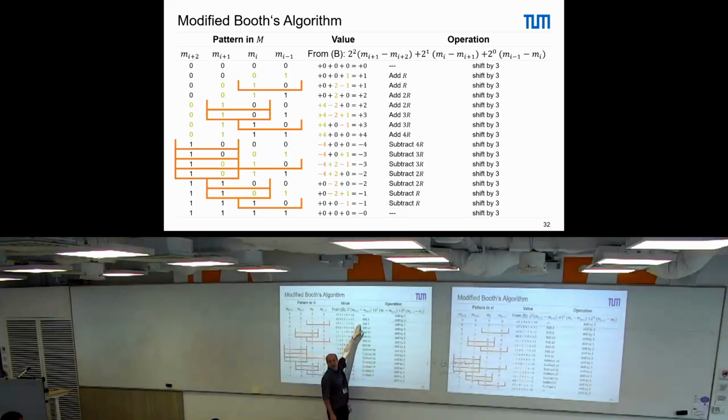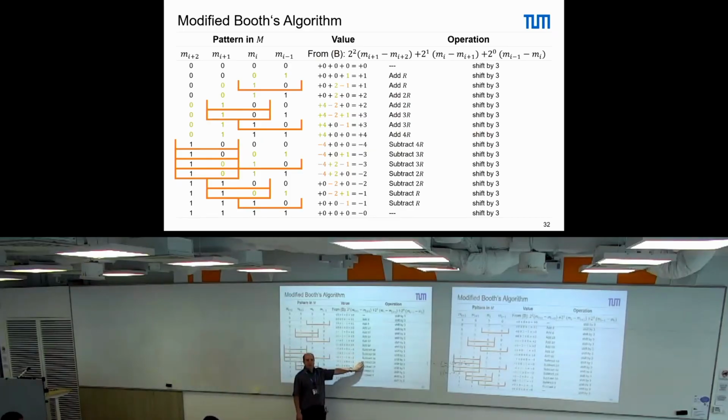We have here to add R. We have here to add 2R, 3R, 4R, and here we have then correspondingly to shift always by 3 afterwards. And that gives us another algorithm. And we can do this actually with an arbitrary power of 2. We can do this with an arbitrary shift. And we will result in different rules here.